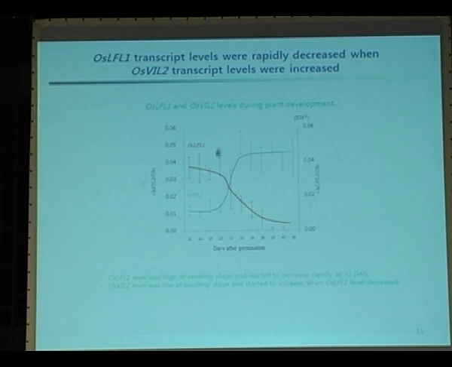Whereas LFL1 expression is exactly opposite. In other words, expression was high, and then decreased sharply, and then stayed low. That supports, again, that LFL1 is probably the target of this chromatin remodeler.